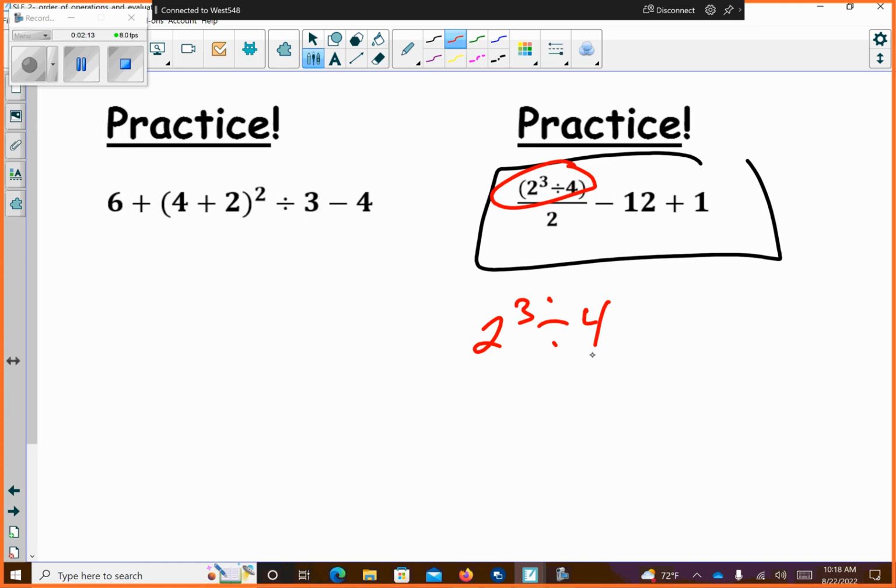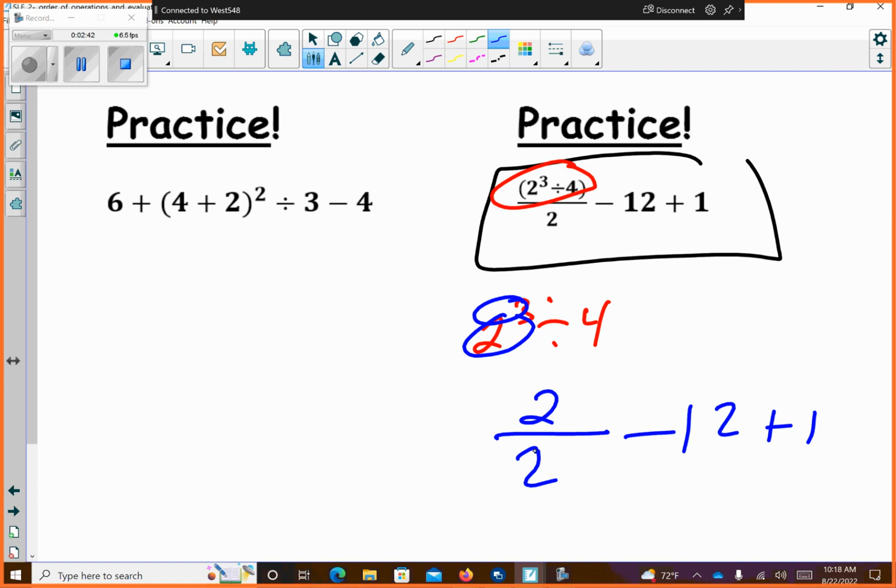Exponent. So 2 to the third means 2 times 2 times 2. Okay, 8. 2 times 2 is 4 times another 2 is 8. So then that becomes 8 divided by 4. So this becomes an 8. What's 8 divided by 4? 2. So on that whole thing on top becomes this. Now I'm going to write the rest of the problem.